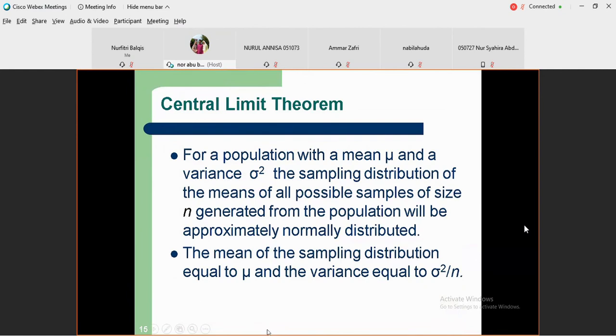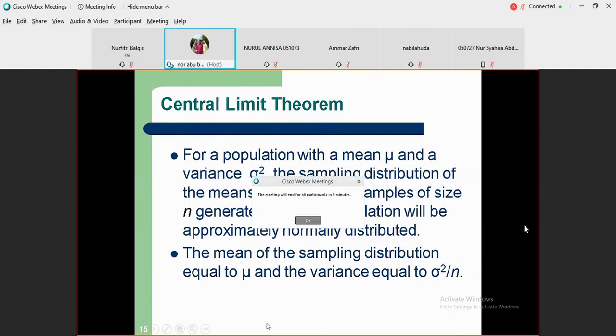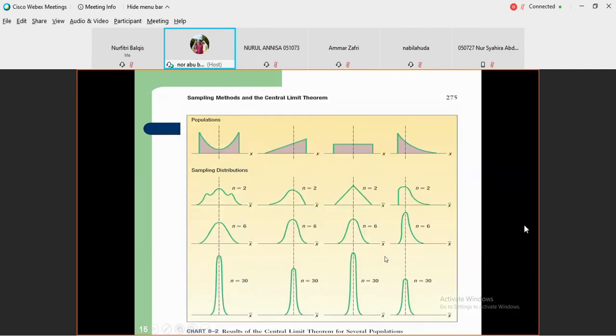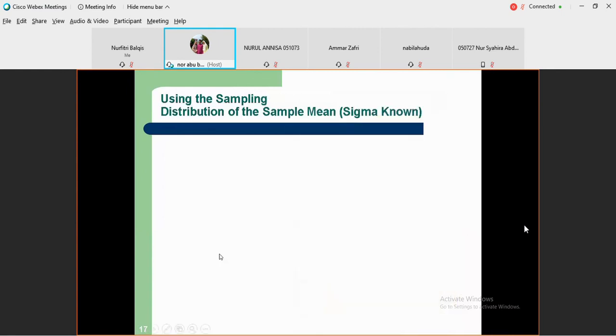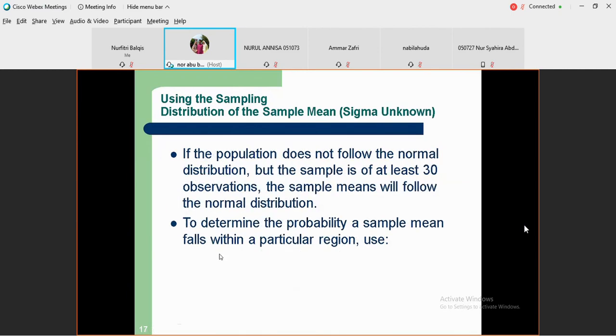As sample size increases towards a larger number, the shape of the sampling distribution will go towards normal. Okay, so this is important because we will attempt a question like this.